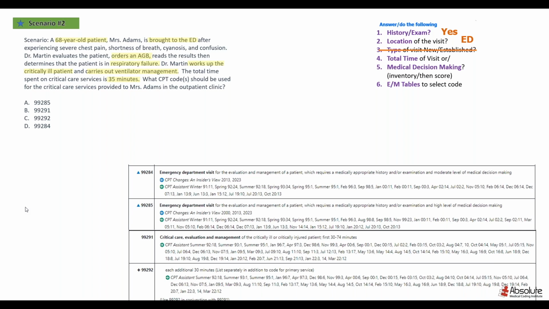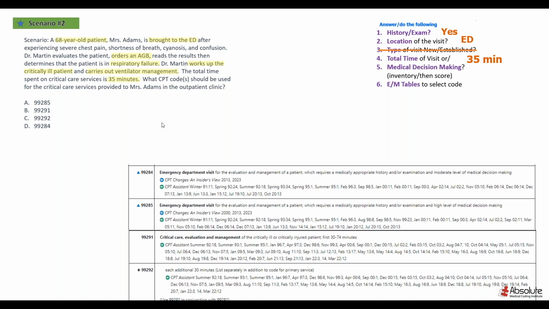Is this a new patient or established patient, coders? So that is not going to affect our code selection here. It doesn't matter. It is not going to affect the code selection in our scenario. That's why I waited for your answers.